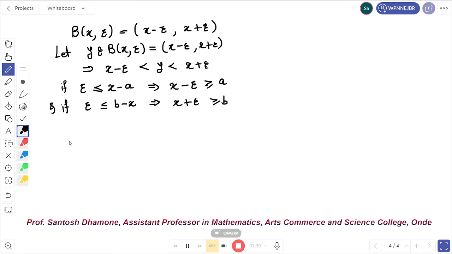This is a sketch or geometrical figure of set G.